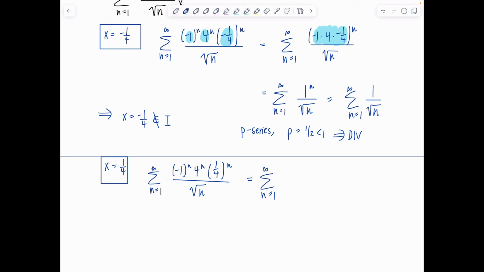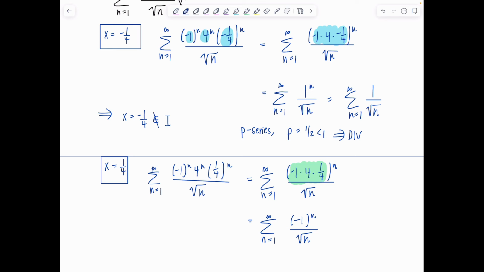So n equals 1 to infinity, negative 1 times 4 times 1/4, all to the n, over rad n. Except this time, 4 and 1/4 cancel, but the negative 1 stays. Do you see how it's different? So this is the sum, n equals 1 to infinity, negative 1 to the n, over rad n.